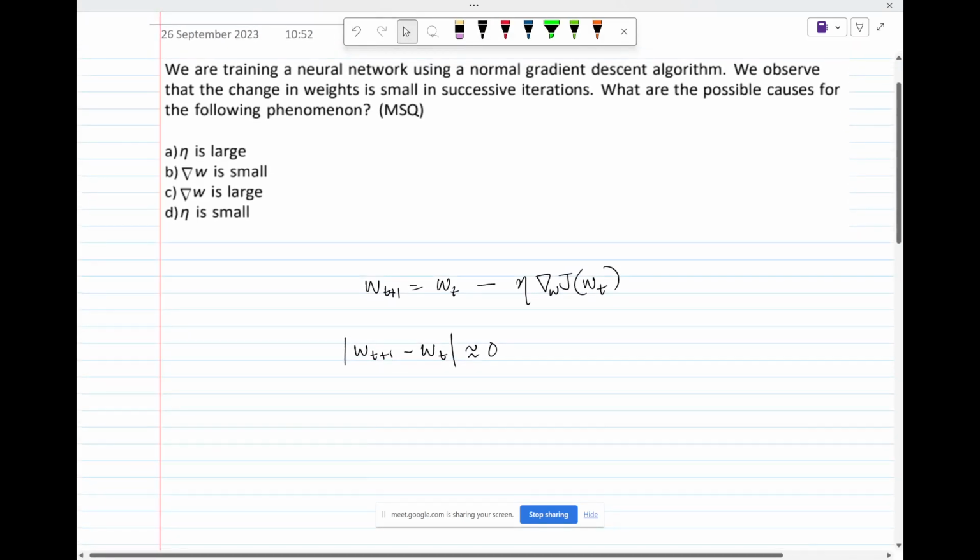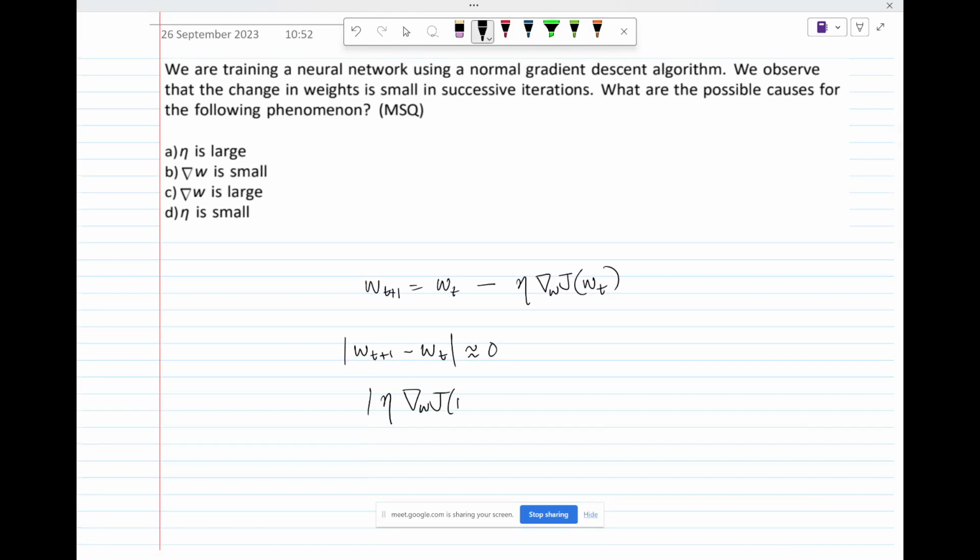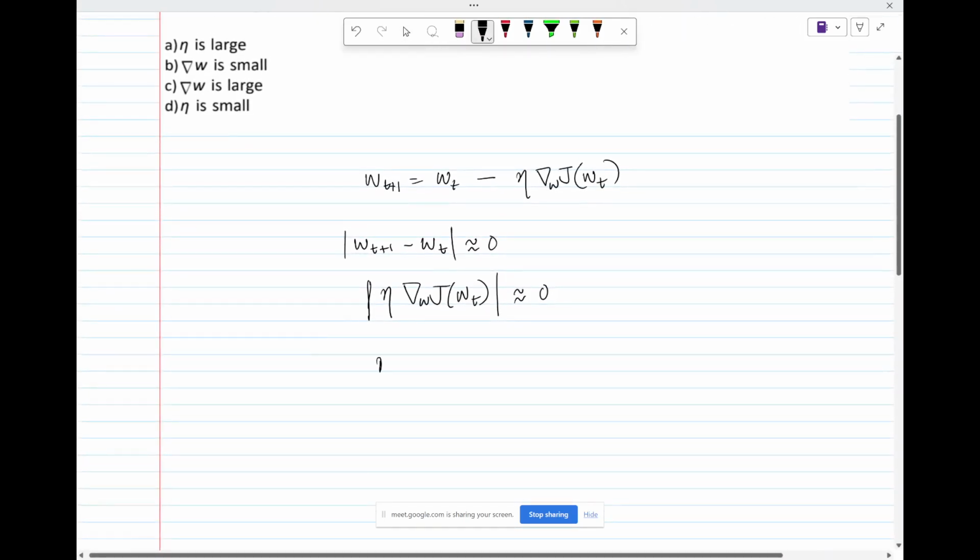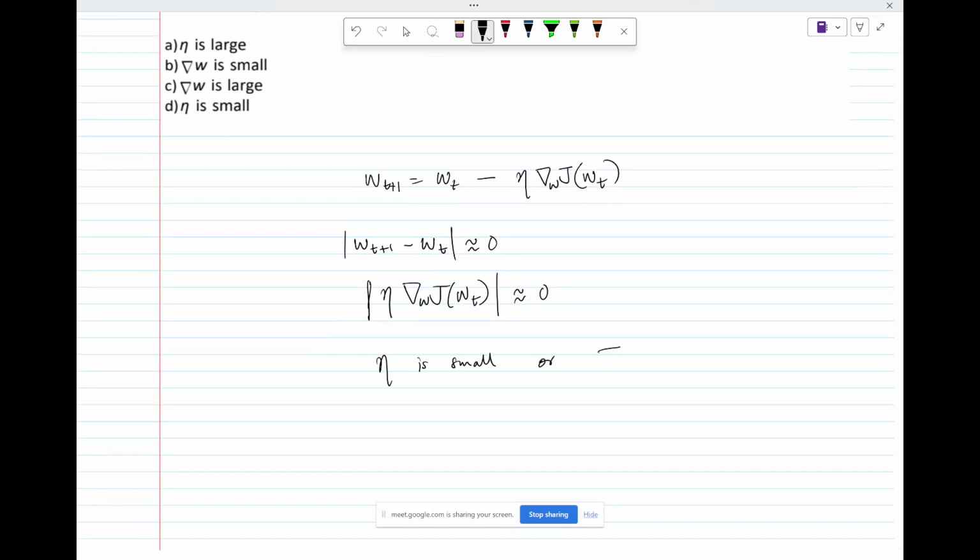That means this value, eta times the gradient, is close to 0, right? So this means either eta is small or this gradient value is small.